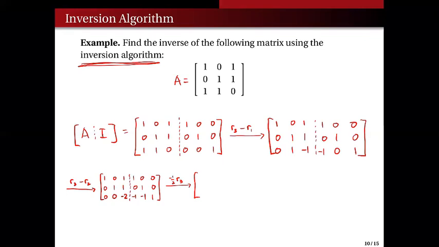So if we do this, again, we are not changing rows 1 and 2. So we just copy that. 1, 0, 1, 1, 0, 0. Here we have 0, 1, 1, and then 0, 1, 0. For row 3 now, we have 0, 0, 1.